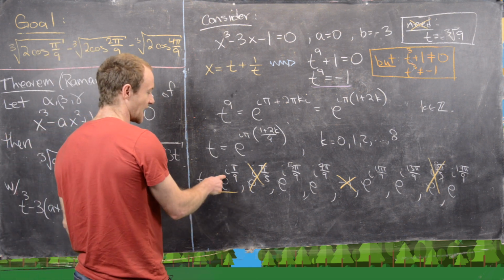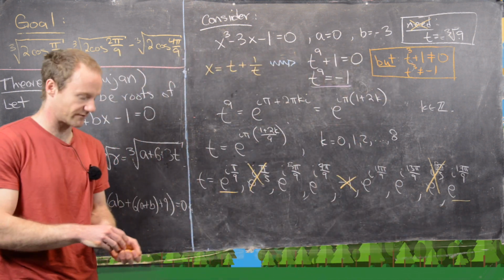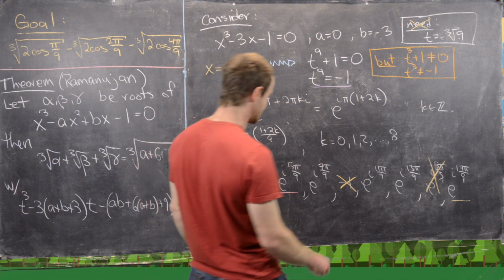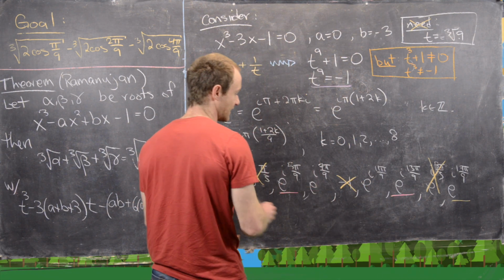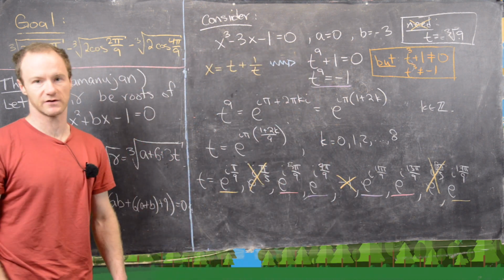Notice e to the i pi over 9 and e to the i 17 pi over 9 are inverse pairs. e to the i 5 pi over 9 and e to the i 13 pi over 9 are inverse pairs. And finally e to the i 7 pi over 9 and e to the i 11 pi over 9 are inverse pairs.